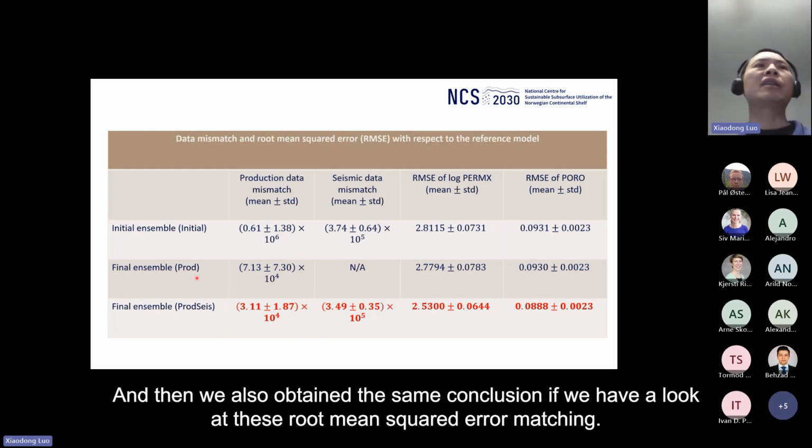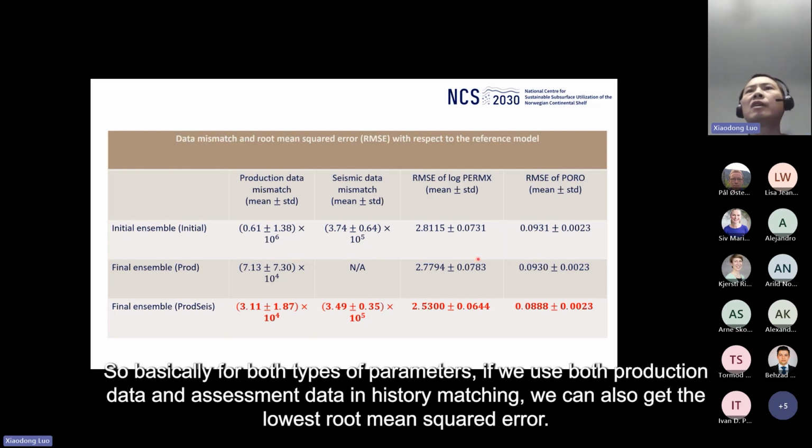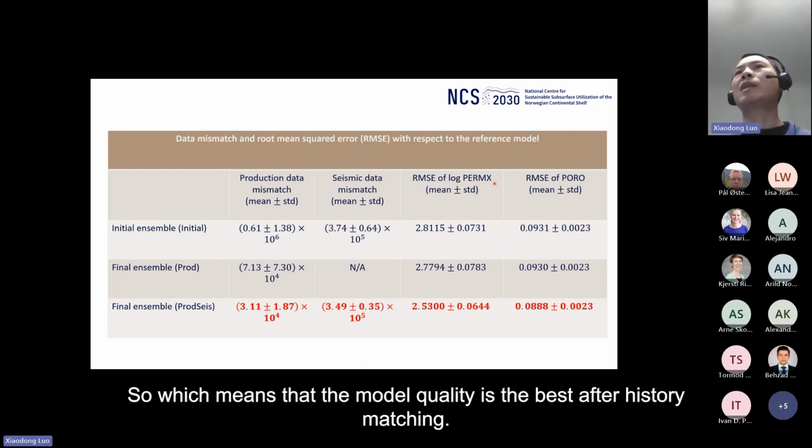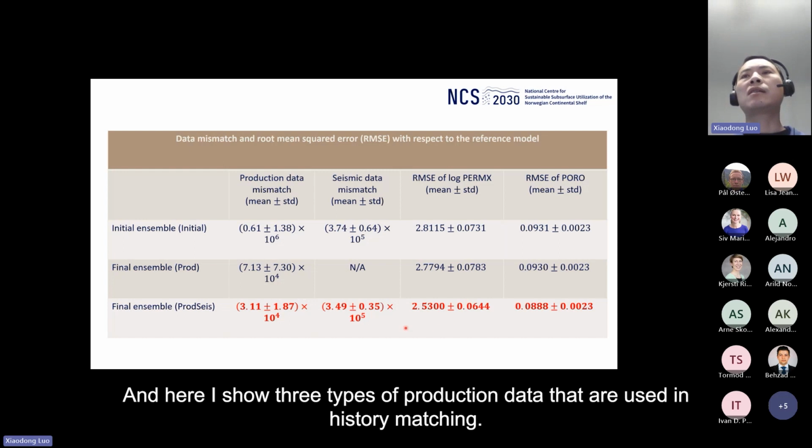We also obtain the same conclusion if we look at the root mean square error metric. For both types of parameters, if we use both production data and seismic data in history matching, we also get the lowest root mean square error, which means that the model quality is the best after history matching.